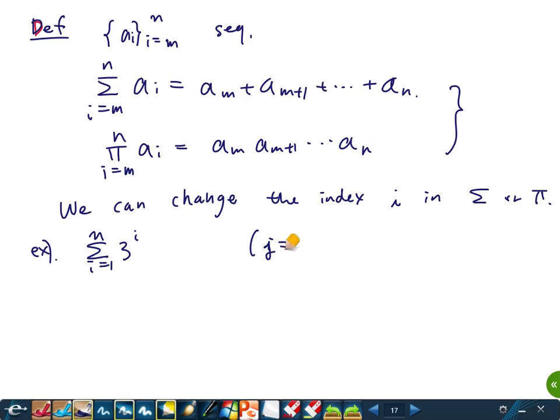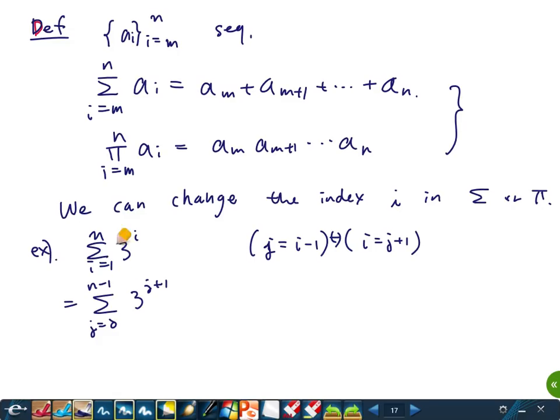So let's say j equals i minus 1, or i equals j plus 1. The same thing, right? Then if i is j plus 1, it's going to be 3 to the j plus 1. Then what is the range for j? If i is from 1 to n, what is the range for j? j is from 0 to n minus 1. They are the same thing.